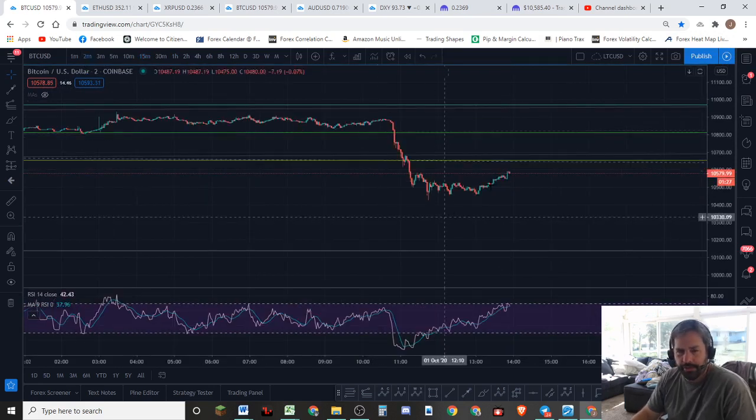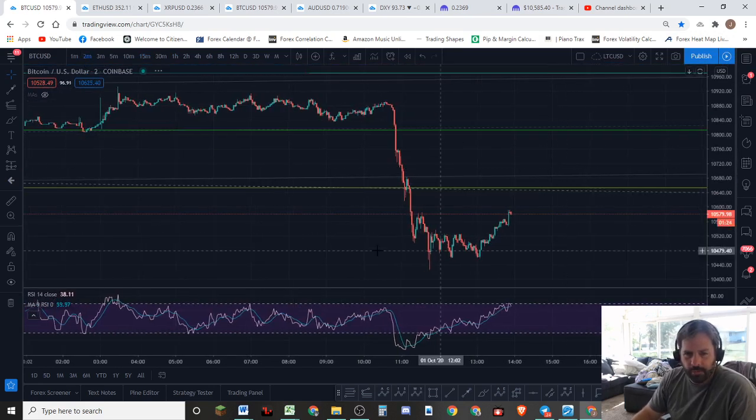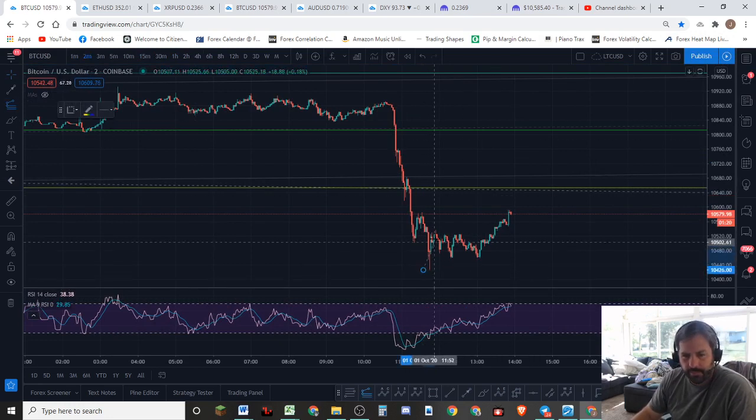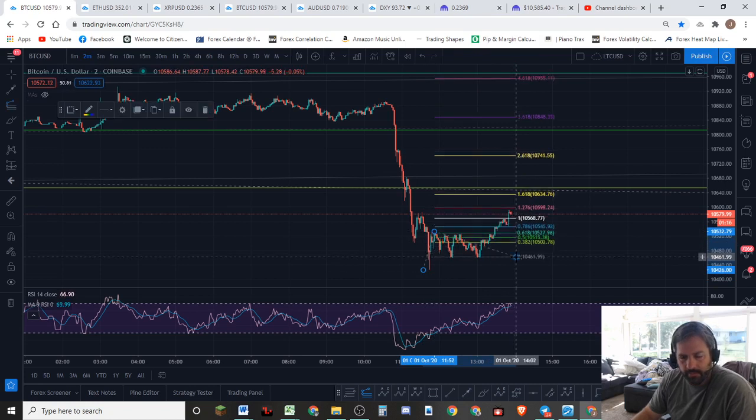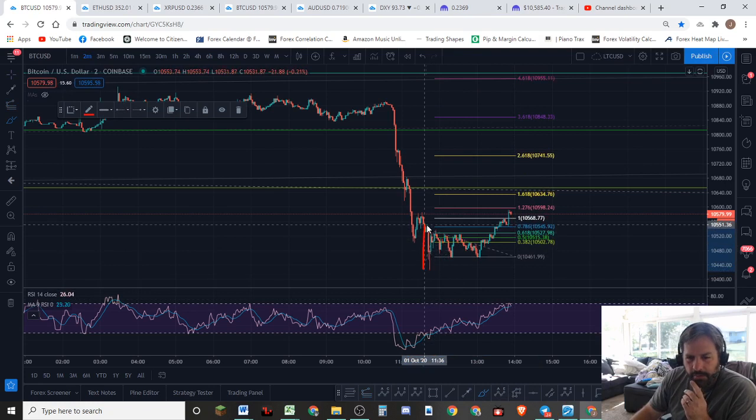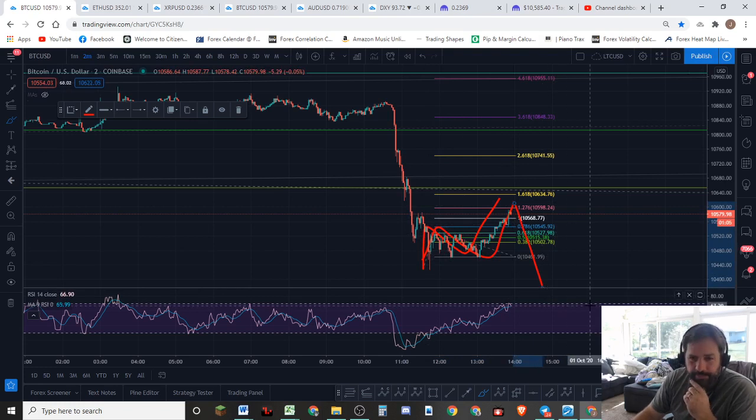Go to the 2-minute chart here. Let's look at this little wave that's being formed right now. This wave right here comes to the 127 extension. Right now it's looking corrective if we could get a push down from here.